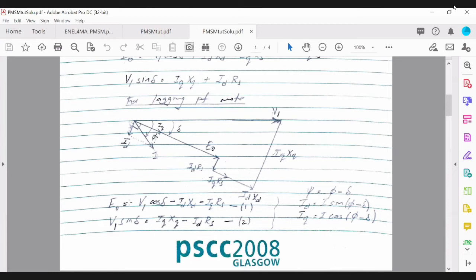For E naught, it's basically V1 cos phi. Okay, so we are resolving again to get this phasor along E naught. So that's V1 cos phi. And as you can see now, you have basically those two phasors to consider, right?